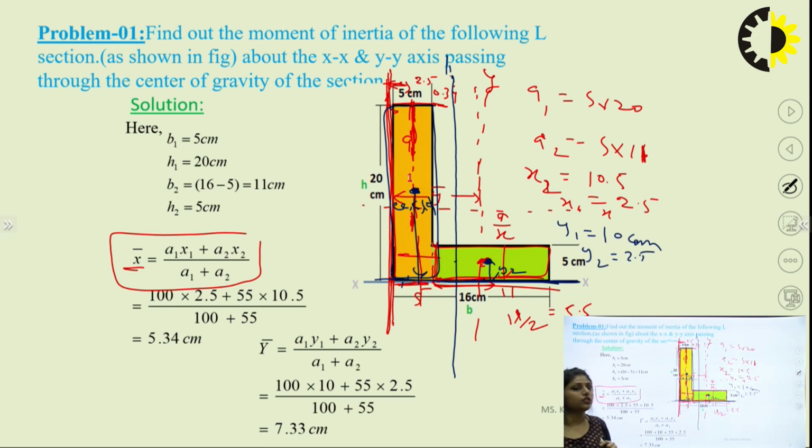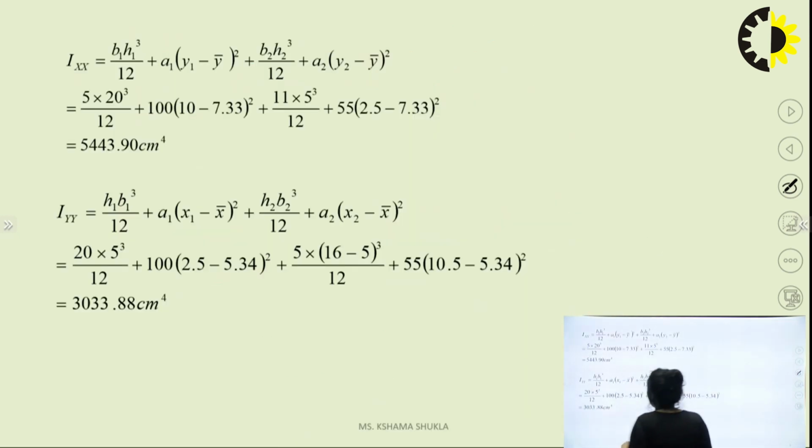For the parallel axis theorem, we use the CG of that particular diagram and the distance from the reference axis. So at that time we use these values. If the question is simple, direct neutral axis, you can easily find out Ixx, Iyy. If you need to use the parallel axis theorem, at that time you use this centroidal value.